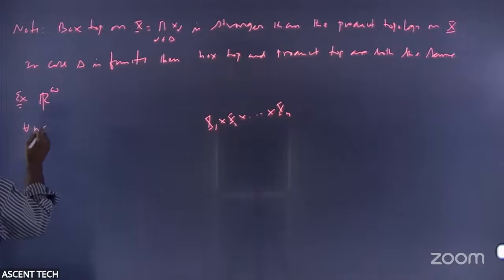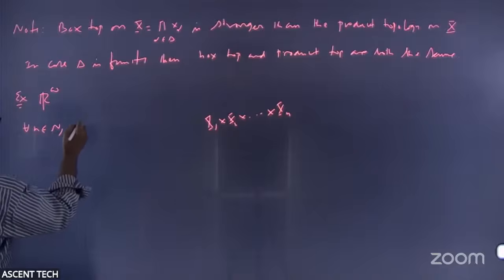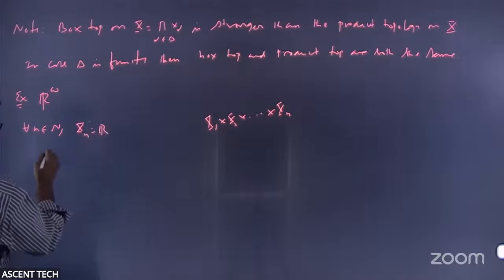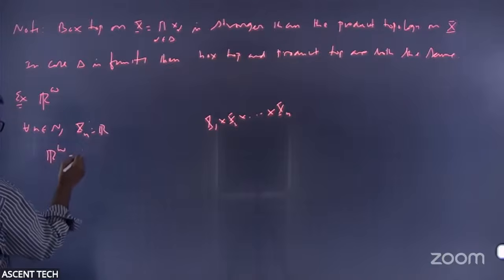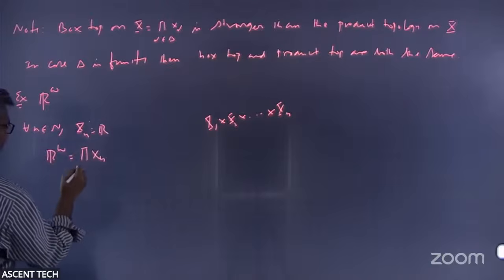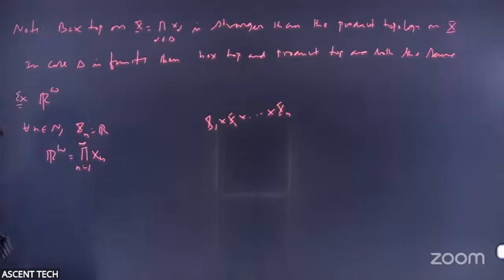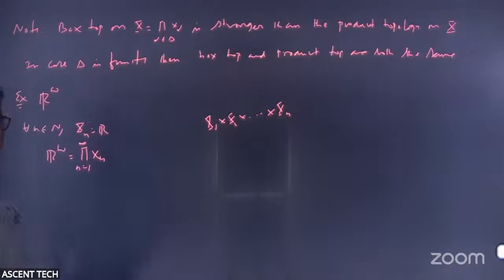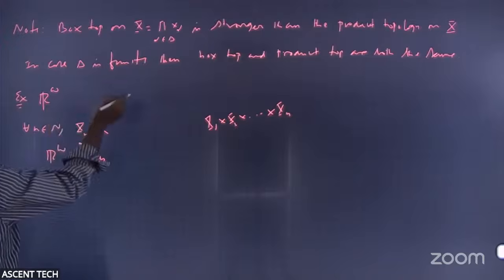For each natural number n, Xn is R, and R omega is the product of Xn, n equal to 1 to infinity. Omega is the set of all natural numbers. So this is like sequences, right?